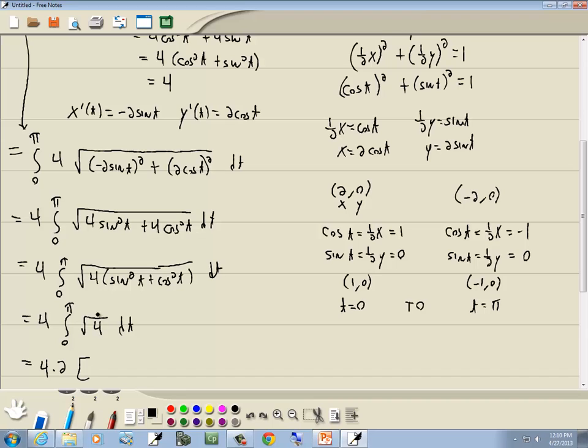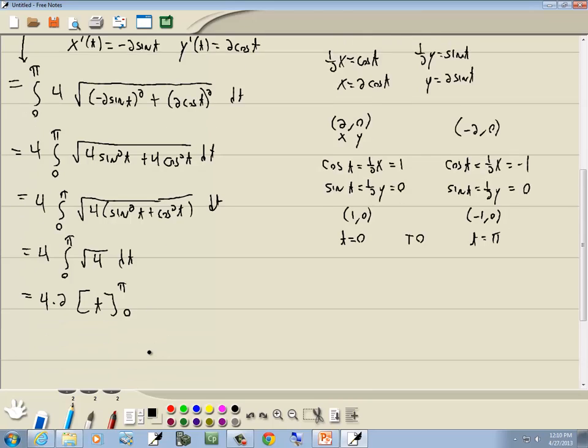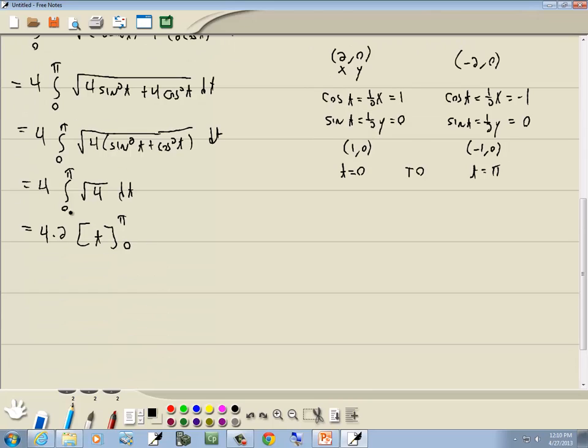And then we're left with the 1 inside here. And the integral of 1 is just t from 0 to pi, which gives us 8. And we'll plug these in now. Plug pi in for t, minus 0 in for t, which ends up giving us 8 pi. And that's our answer.